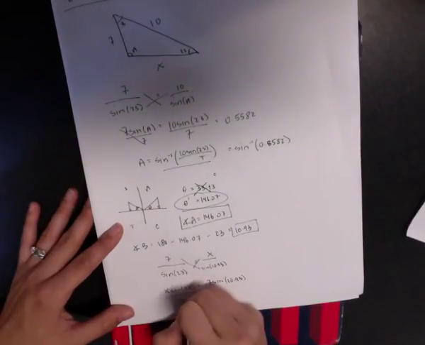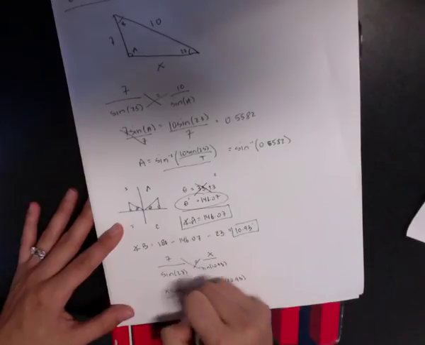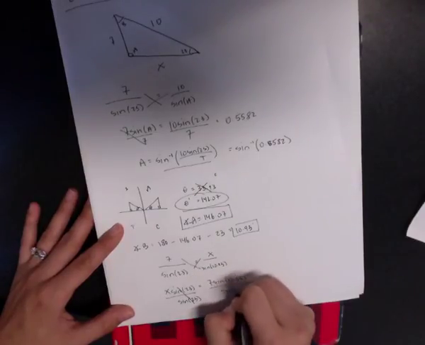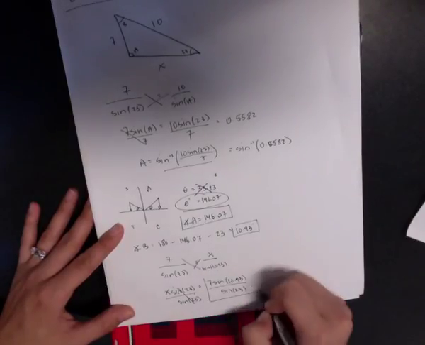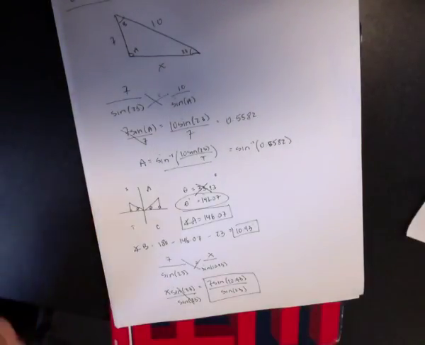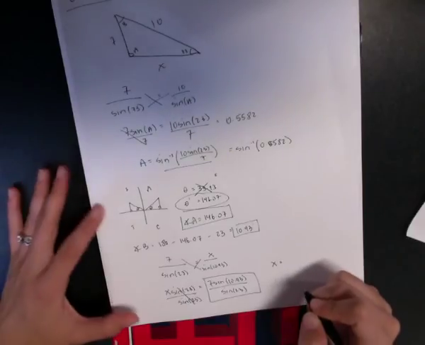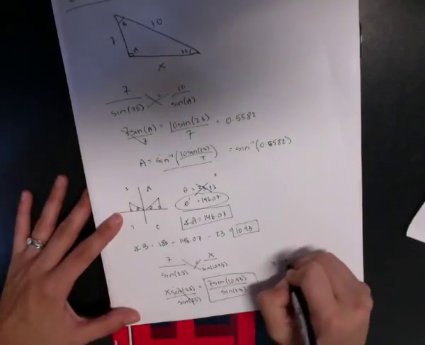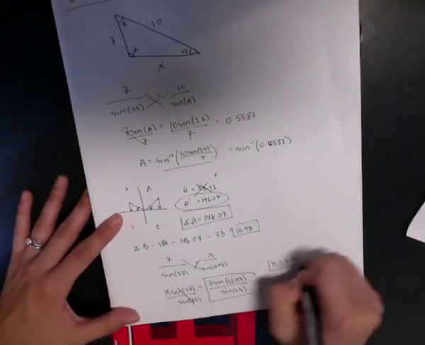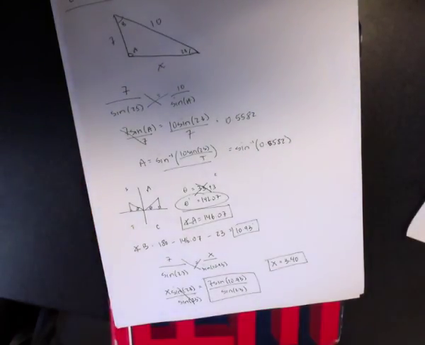I divide both sides by sine of 23. This whole thing you can plug in as one step in your calculator. Again, we can go over that in class, and it will give me that x is 3.40. I have now used the law of sines to be able to find all of the missing parts.